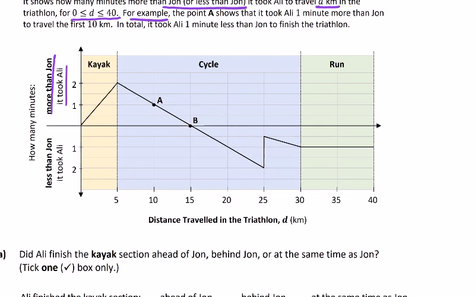So let's trace her from the beginning. For the kayak, Ali was 2 minutes behind. Then at this point here, point B, they were level. That was at 15k. Then Ali's getting quicker on the cycle, obviously. So at 25 kilometers, Ali got there and is this full distance from here to here, 2 minutes ahead.